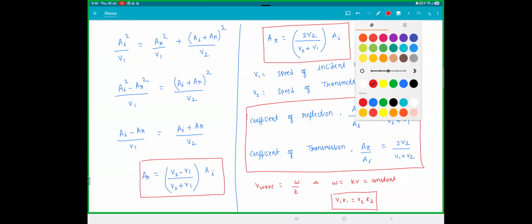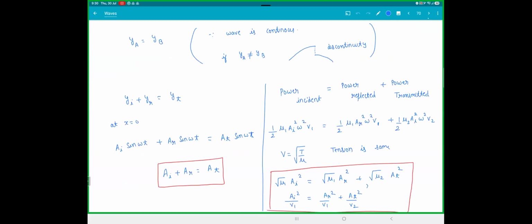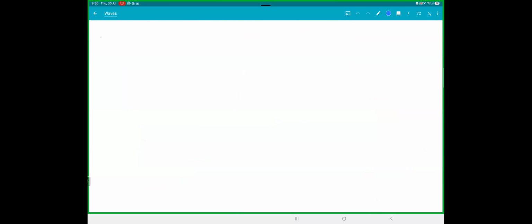Let's see a question. So we got a thin string and a thick string. So let's say this is mu and this is 4 mu. Y incident is equal to A sine omega t minus kx.